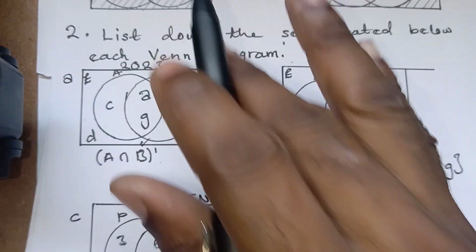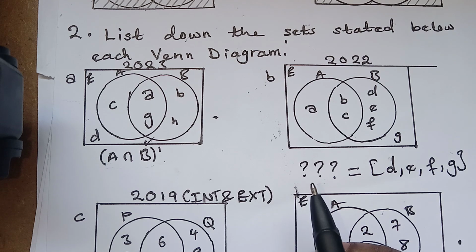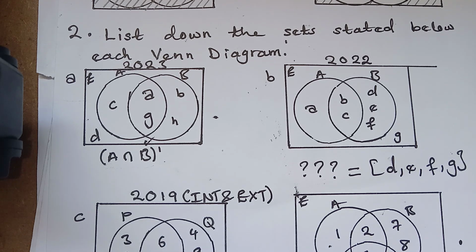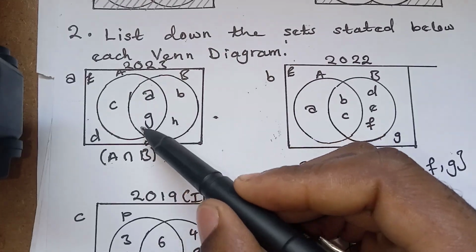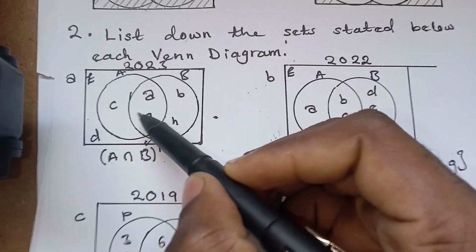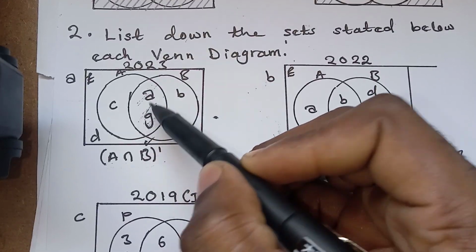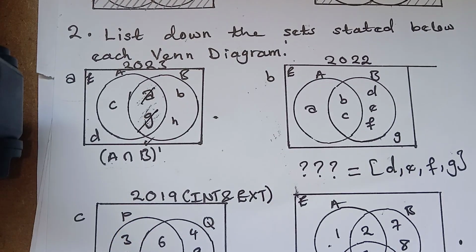So this is similar to what we looked at in question 1, except that this time around, instead of shading this region, you are picking elements in that region. As you can see, A intersection B is here. This is A intersection B. Then when we say A intersection B complement, we mean everything other than elements in A intersection B.